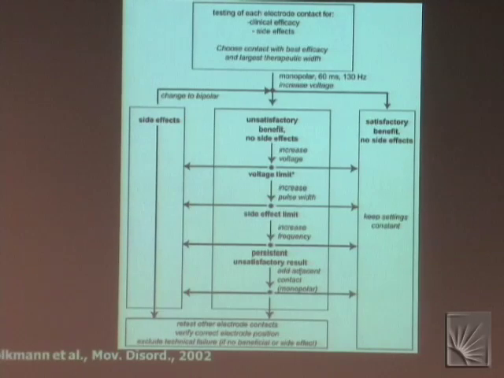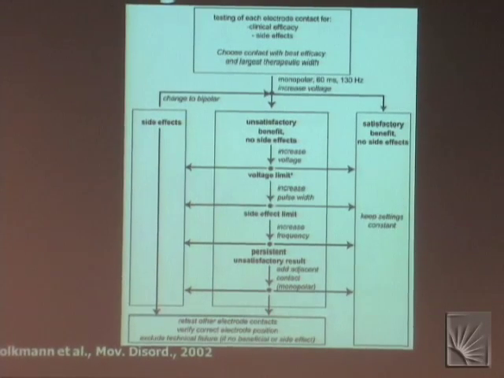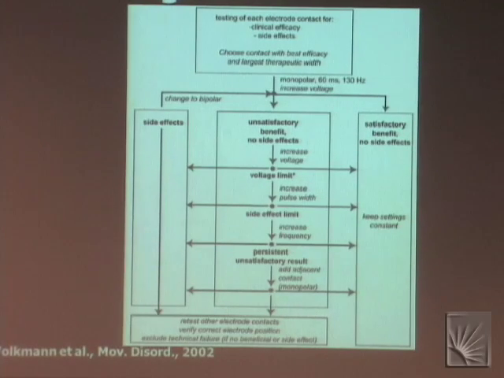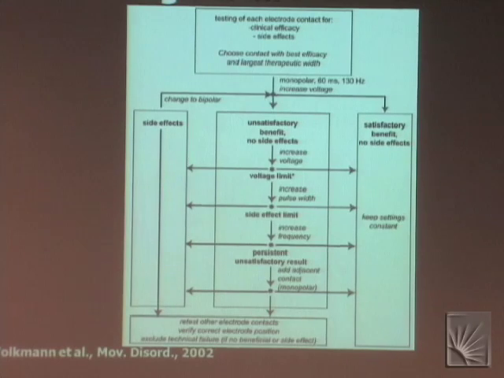And this clinical selection of stimulation parameters is a pretty daunting task. We have a good idea of general parameter settings that are going to give us therapeutic benefit for Parkinson's disease. For STN DBS, somewhere around 2 volts, 60 microsecond pulse widths, 130 hertz stimulus.